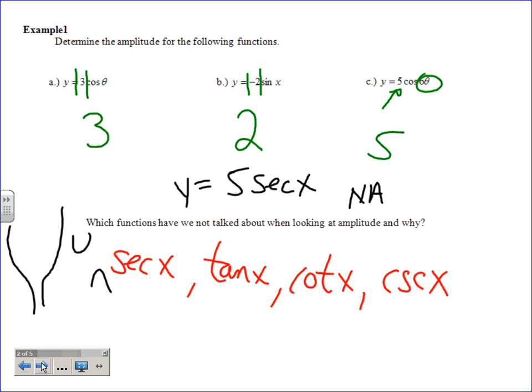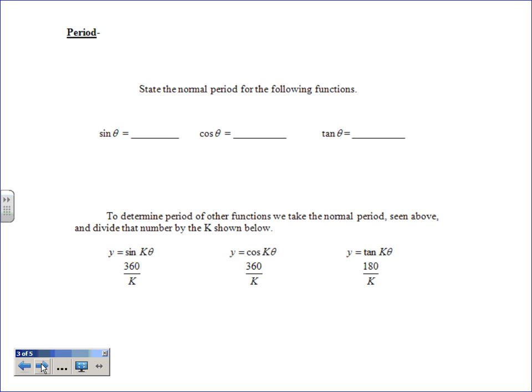Either way works in this case, because you can't measure it. Undefined, sure. Make sure that if I ask you any of these 4 that I haven't read down here, no amplitude is measurable. Only sine and cosine. Everybody good with that? So any questions on amplitude before we go to the next one? Basically just how tall and how far down.